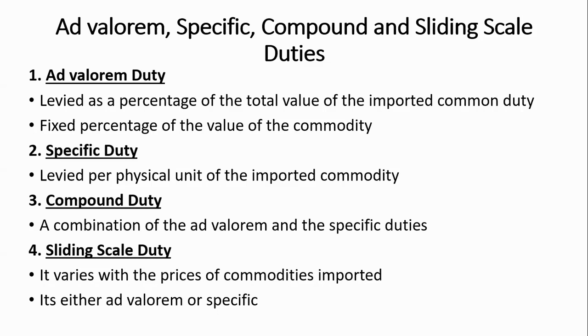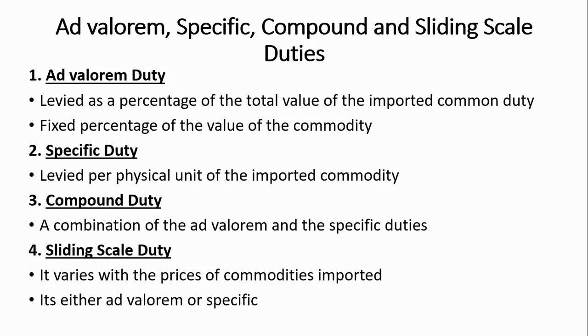For example, if a country is importing a car, the import duty is levied on the car at a fixed rate of, for example, rupees 10 lakhs plus 10% of the price of the car. Such a combination of both ad valorem and specific duty is called compound duty.